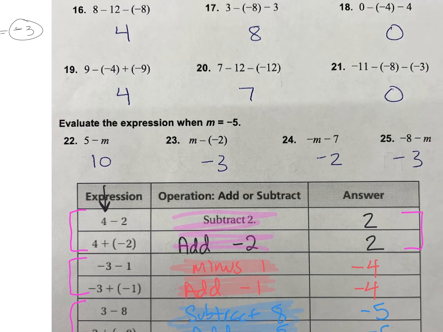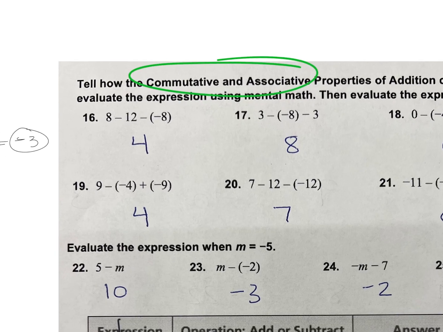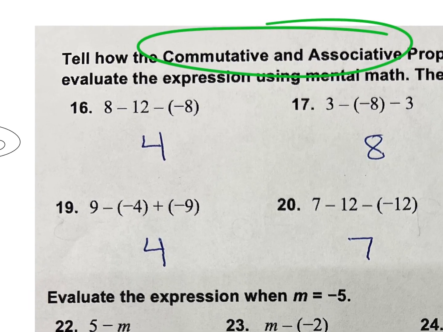And then these, last but not least, over here, what's this whole commutative and associative business? They're just trying to give you a little bit of help to think. I don't know if they do the best job, so to speak. So what they're getting at is that, yes, you have 1, 2, 3 numbers, but you can think in different order than just 1, then 2, then 3, right?